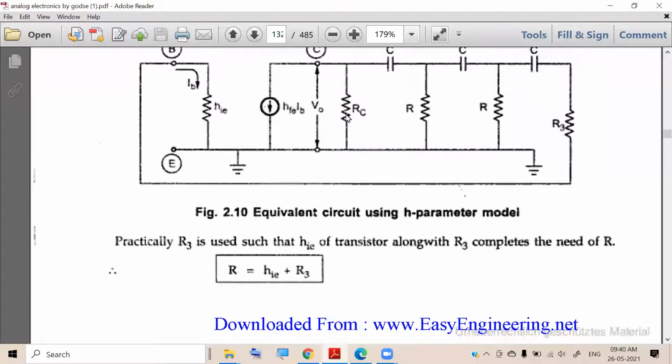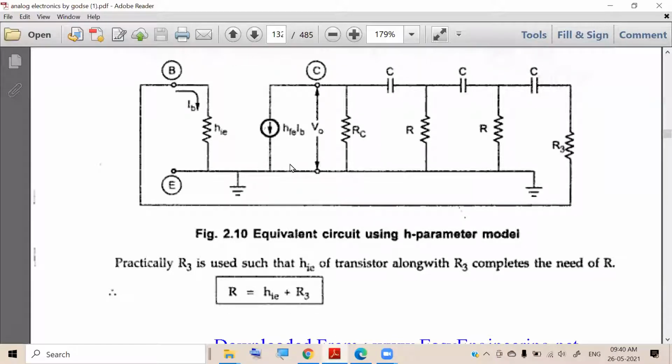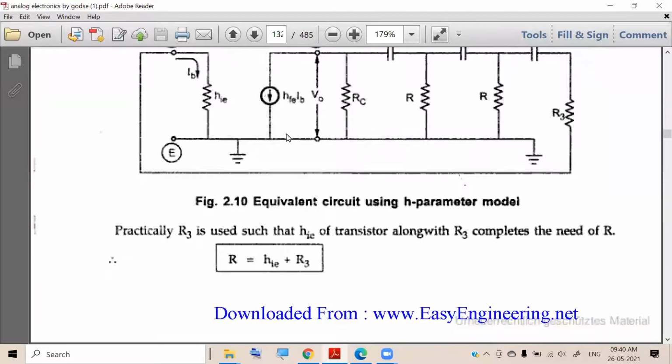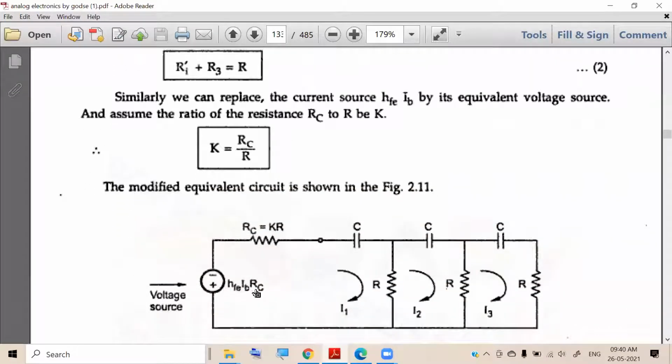But here, because the arrow is downward, the negative terminal of the source will be here and the positive terminal here, which indicates that the voltage source value is actually negative. So the voltage source will be HFE IB into RC, minus plus.